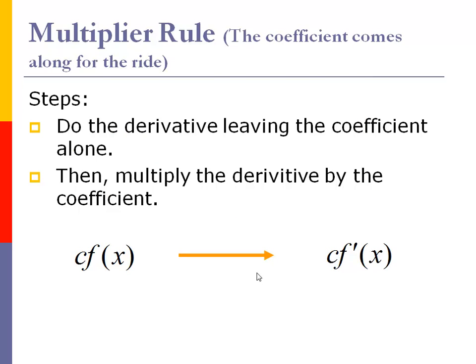They're getting it for free. So when you're doing the derivative, you leave the coefficient alone, and do that multiplication of the power when you're done. In terms of function notation, if you've got a number out in front of a formula, when you do its derivative, you still have that number there. It's coming along for the ride.